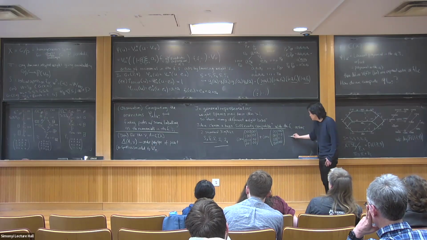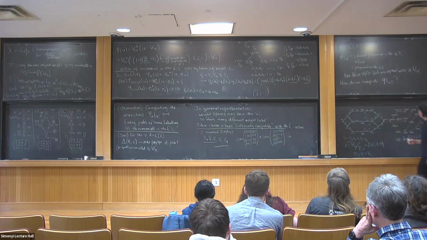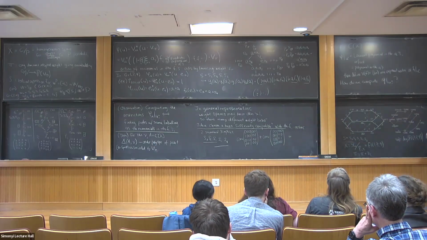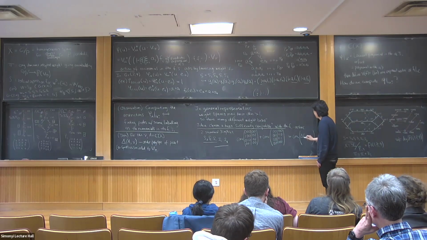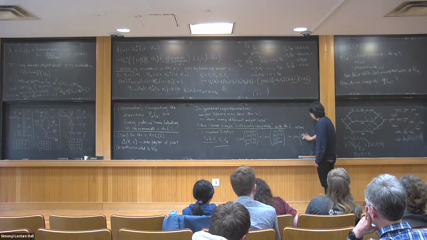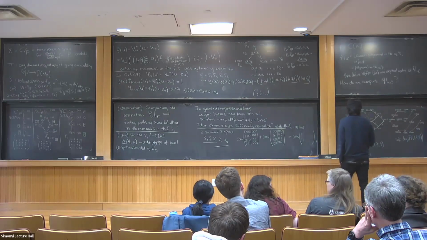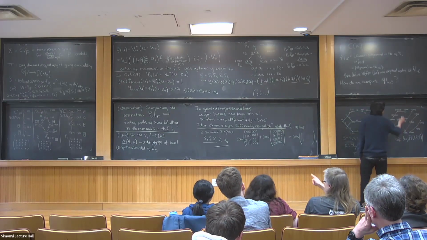But you take the convex hull, you get exactly the convex hull of these vertices here. So equals. And let me just call it equal. Convex hull, so this polytope delta.